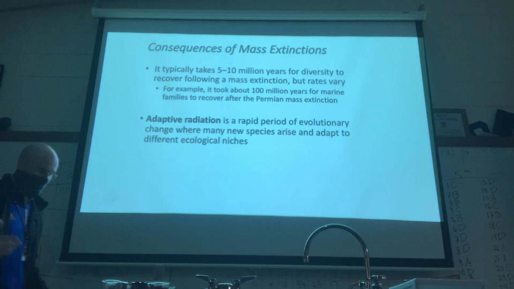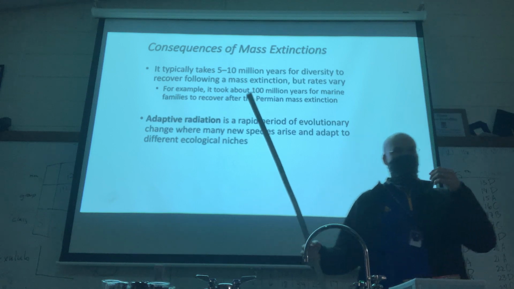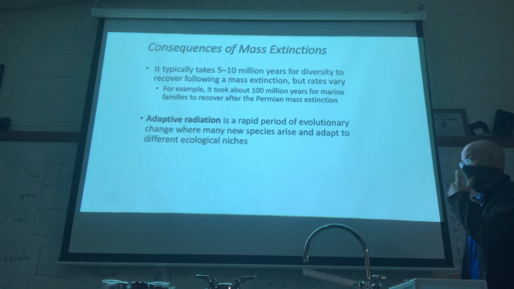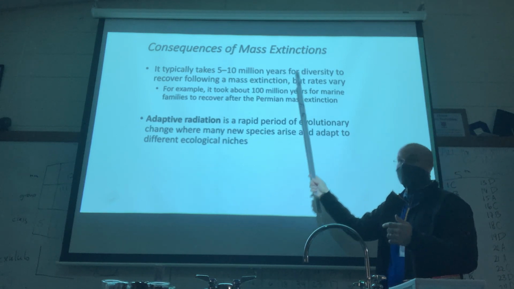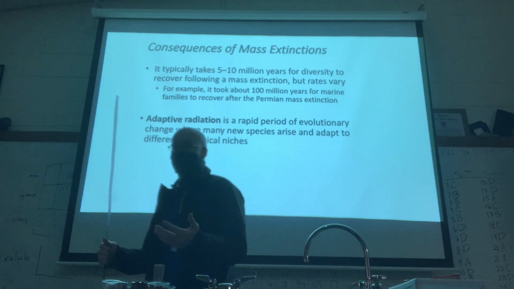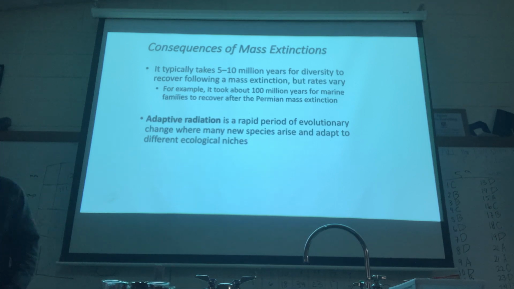Now, I already mentioned this, but it's not all bad news. Mass extinction is a horrendous, catastrophic event for a planet and the life on it. It usually takes millions of years, maybe tens of millions of years, for the planet to bounce back and to see the diversity return that it lost.